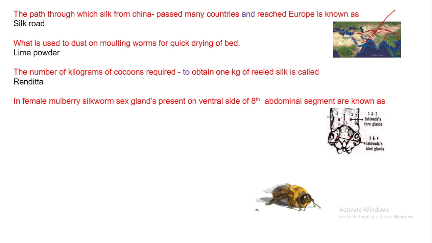In the female mulberry silkworm, sex glands present on the ventral side of the 8th abdominal segment are known as Ishiwata glands. Lac collected before swarming is known as ahari lac.